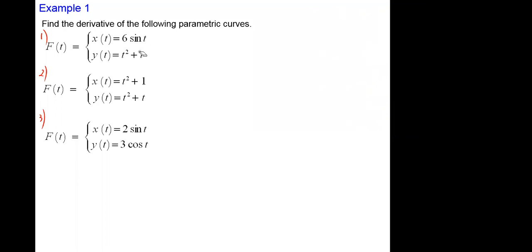Probably a crazy curve, because it's trigonometric and quadratic, but we don't have to draw it, we have to just find the derivative, derivative of y over derivative of x. Derivative of y is 2t plus 1 and x prime is 6 cosine of t.